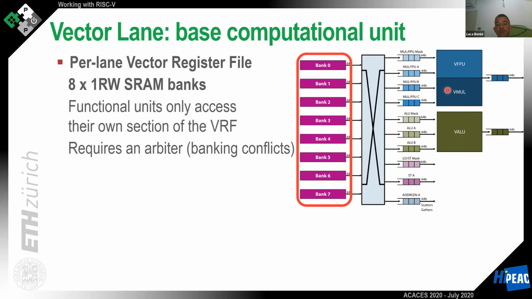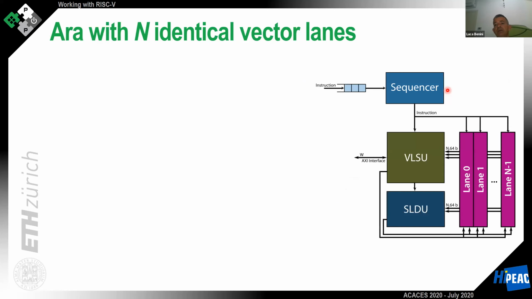The operand queues are already described. And then fundamentally you design your system from the physical implementation backend in lanes. So each lane contains the data path that I described before, a slice of the register file, and a slice of the interconnect.